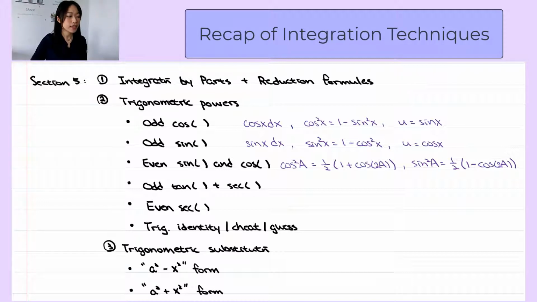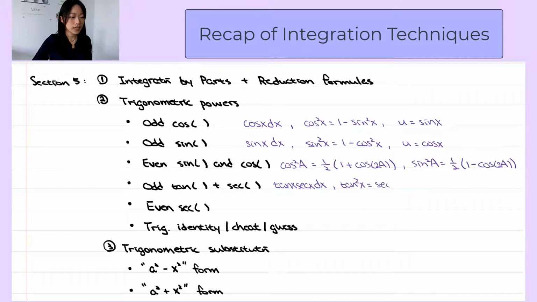Then the fourth case, when we have odd powers of tangent with some secant function. Similar to the first two cases, the procedure is the same, but now we are going to take tangent times secant of x dx aside and use the identity tangent squared equals secant squared minus 1. And we are going to let u equals secant of x.